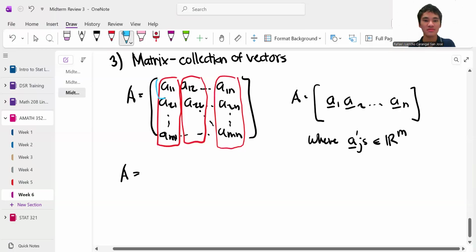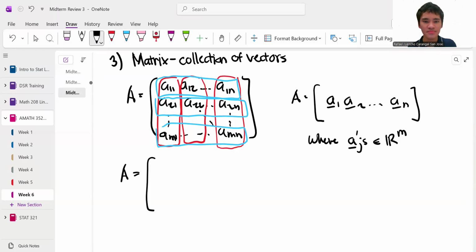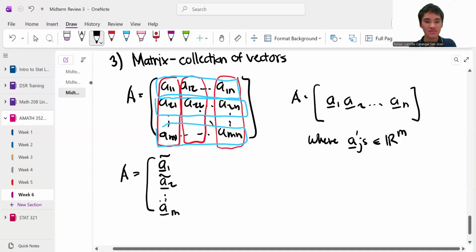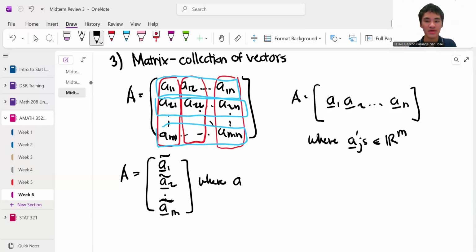Another way is thinking of it as row vectors. So how this would work is something like rows 1 to M: A1 tilde, A2 tilde, all the way to Am tilde, where Aj tilde is in R^n.